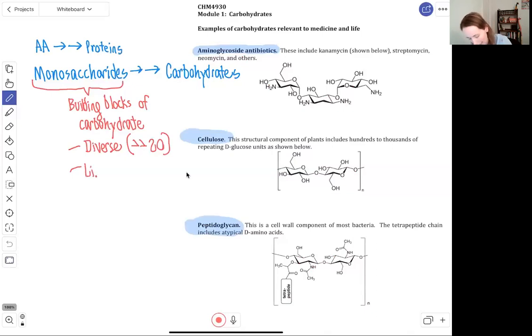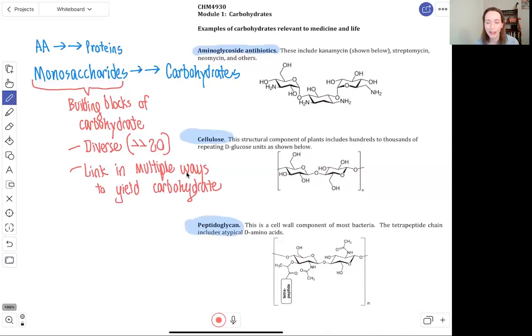So they form covalent bonds in multiple ways to yield that carbohydrate product. Not just amide linkages like we were seeing for amino acids. Instead, there are multiple themes that we can see, and we'll get into some of those a couple of videos down the road.